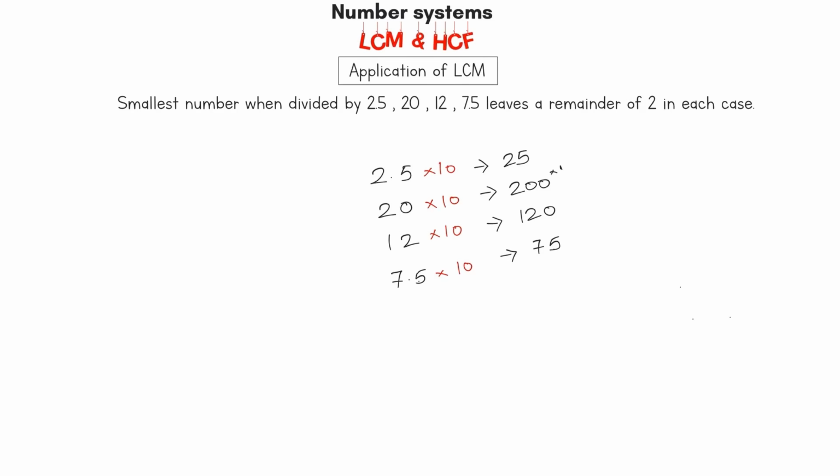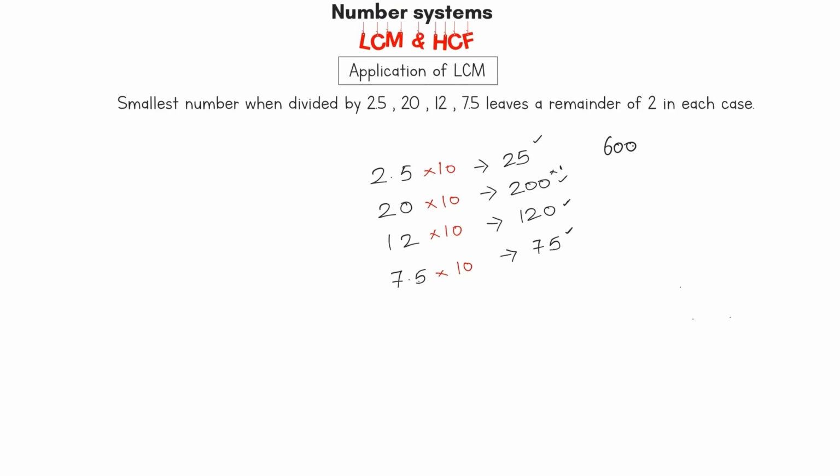Now can I get 600? 600 will be a multiple of this, and of this, and of this as well. Yes, this will be a multiple of this, into 5, and 75 into 8, yes, it will be 600, which is actually a multiple of all of them.